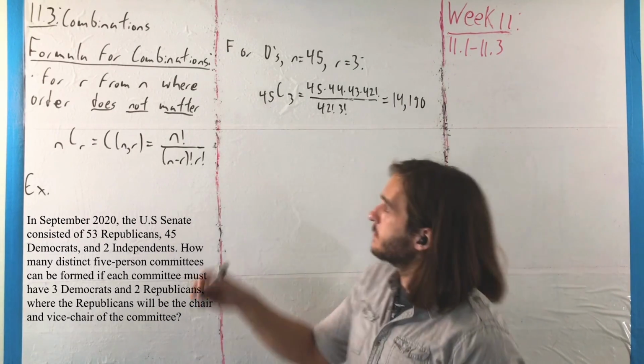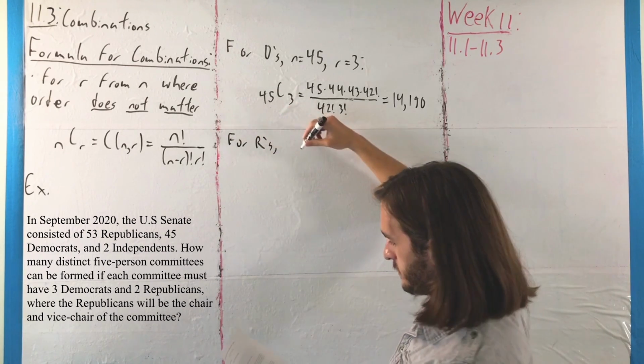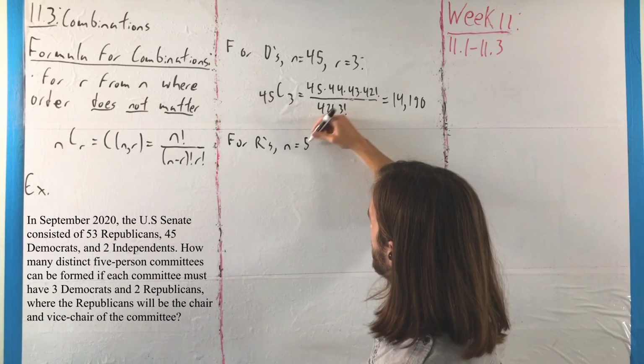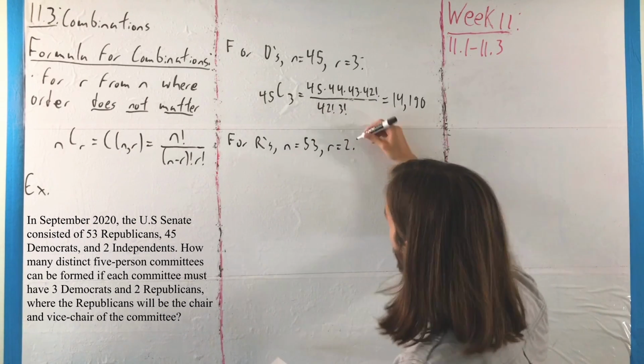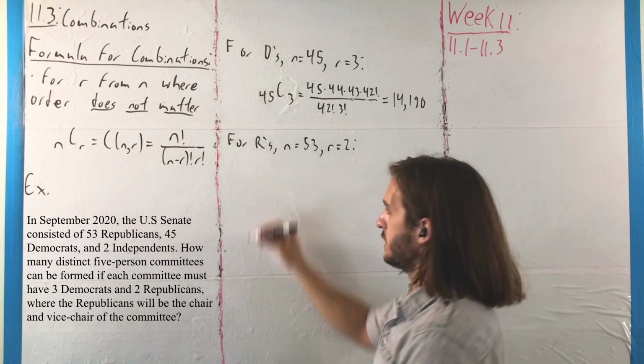Meanwhile, for the Republicans, at that point, you would have been picking from n equals 53, r equals 2, where order will matter because you're picking a chair and a vice chair.